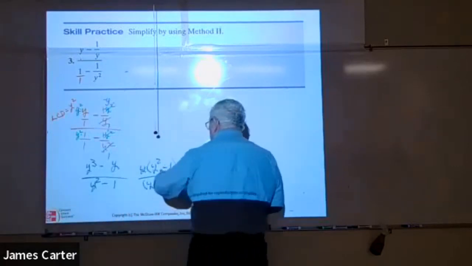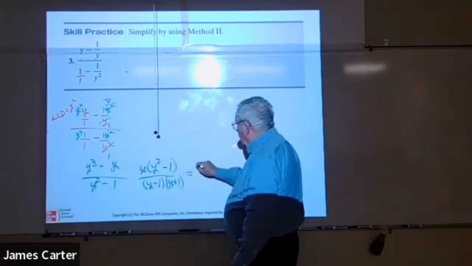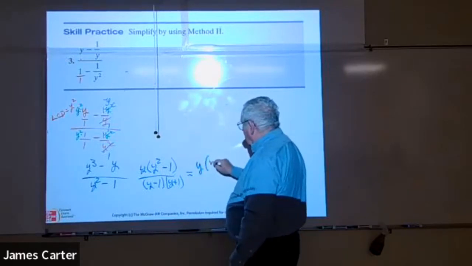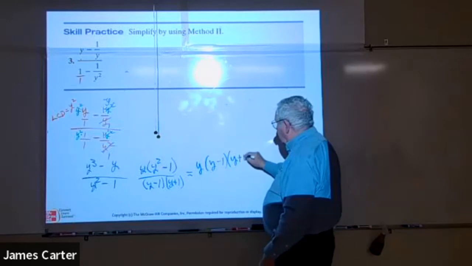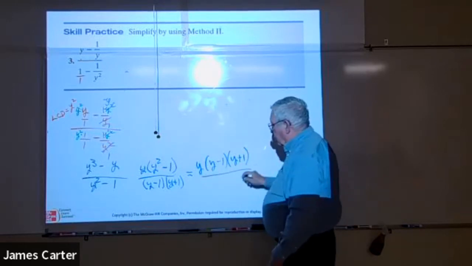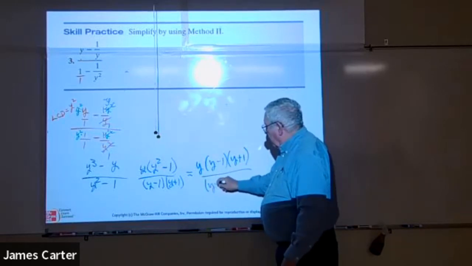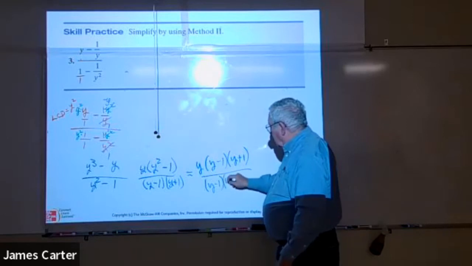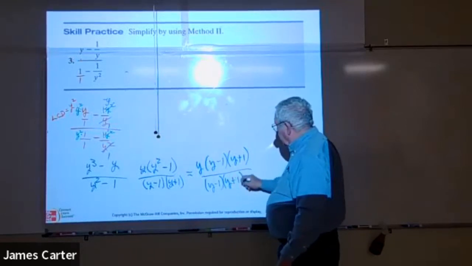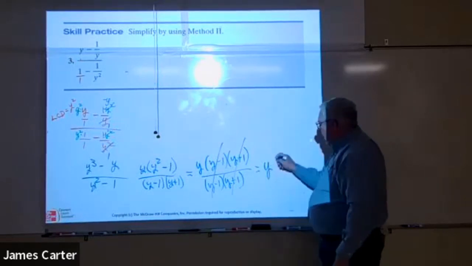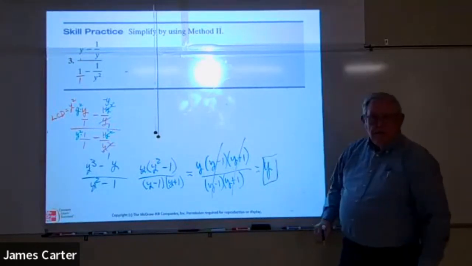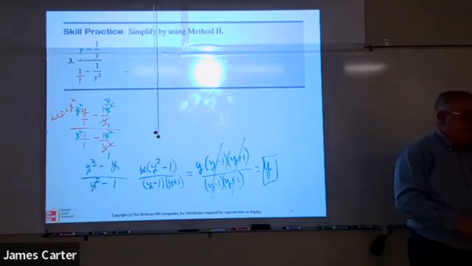That thing is a conjugate also. Y times y minus 1 times y plus 1 over y minus 1 times y plus 1. Cancel, cancel, answer is y. I like the answer as well.